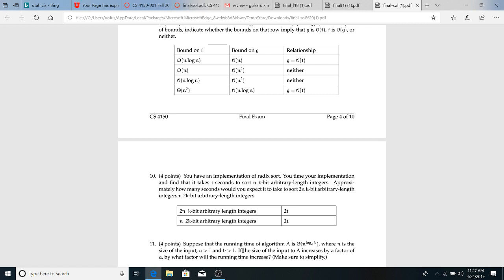Cool. So we're going to change n such that we want some term such that n to the log base a of b... So we'll have some constant c, log base a of b. We know n to the log base a of b equals t, right?